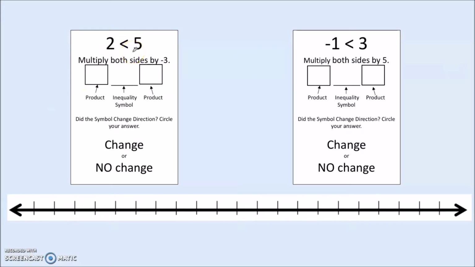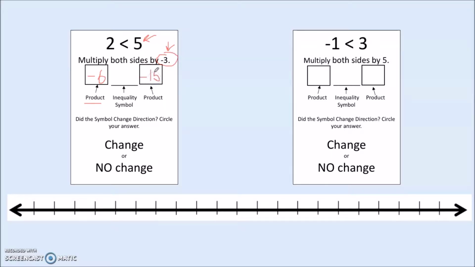2 is less than 5. And we're going to multiply both sides by -3. 2 multiplied by -3 gives us a product of -6. 5 multiplied by -3 gives us a product of -15.